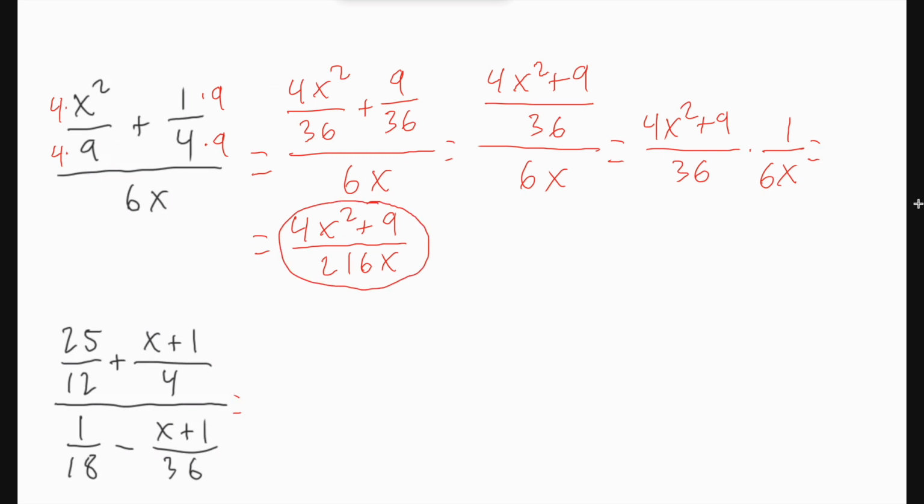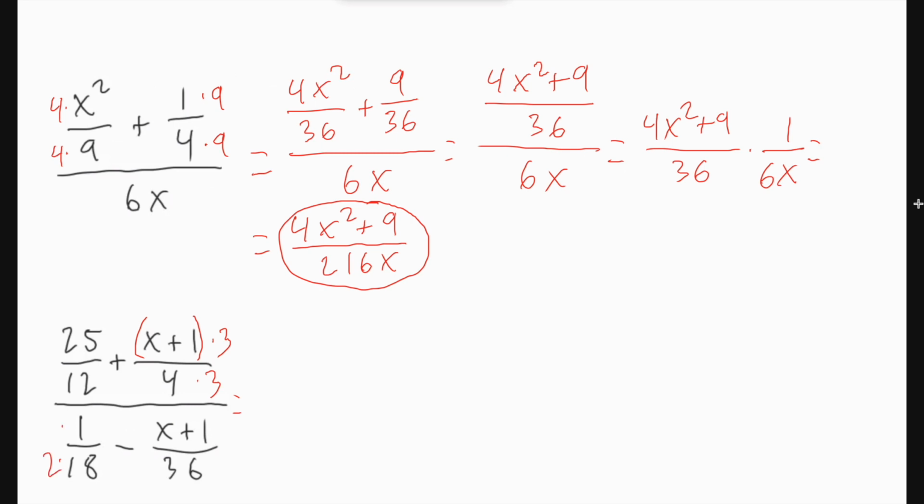For this next one, we're going to have to do common denominators on the top and the bottom. So, on top, the common denominator can be 12, because all we have to do is multiply 4 times 3. So we multiply x plus 1 times 3, making sure to multiply the entire numerator. So we're going to have to put parentheses around that. And then on the bottom, the common denominator can be 36, because all you have to do is multiply 18 times 2.